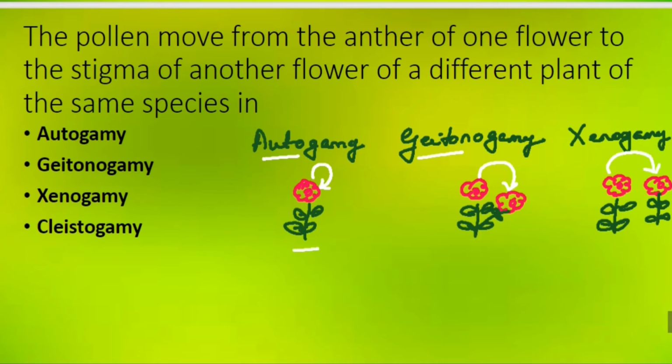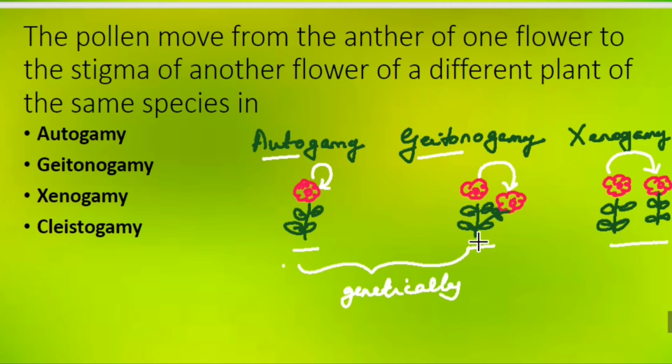So here we can say this is within the flower, this is within the plant, this is between two different plants. So in these two cases, genetically they are the same because their DNA is the same, because basically it is the same plant only. Whereas here it is genetically different.